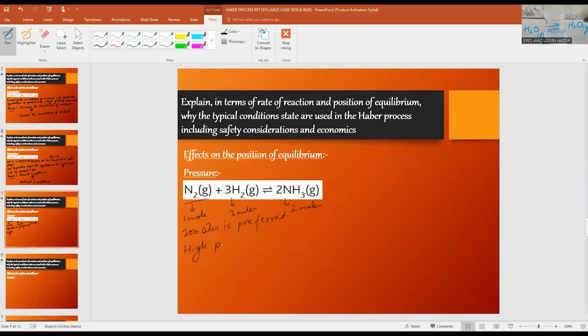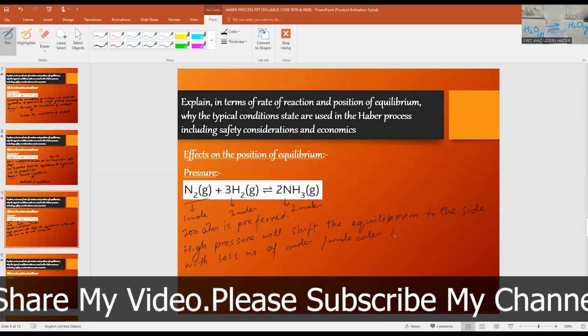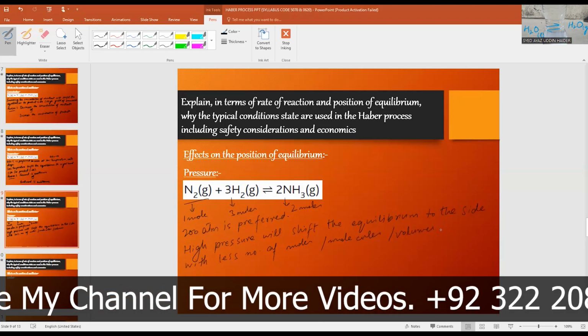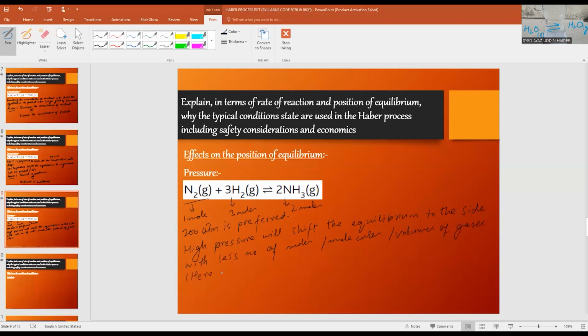High pressure will shift the equilibrium to the side with fewer moles, molecules, or volumes of gases. Here it is the product side.